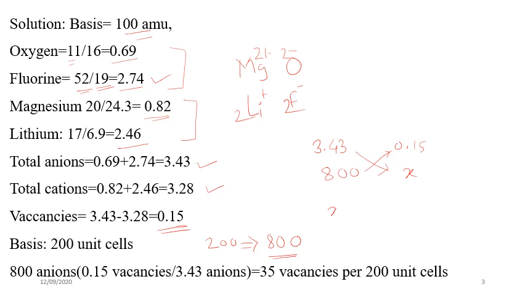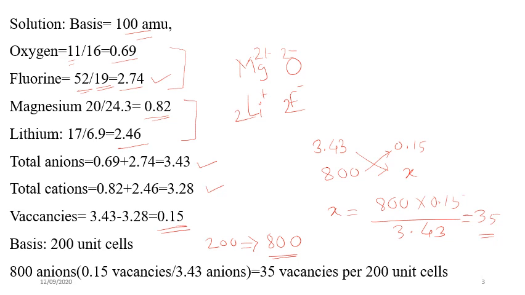So x will be equal to 800 into 0.15 divided by 3.43, and this number is around 35. That's why we can say in 200 unit cells there are 35 vacancies.